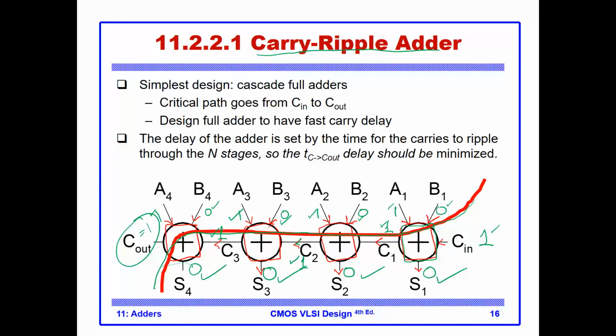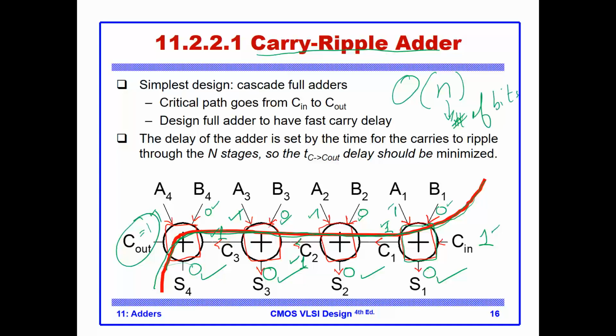Well, from a functional point of view, it generates the result and it is fine. But from a performance point of view, there is a problem. And the problem is in this thick red line, which shows a delay of the results. And this delay is a big O of n, where n is the number of bits.